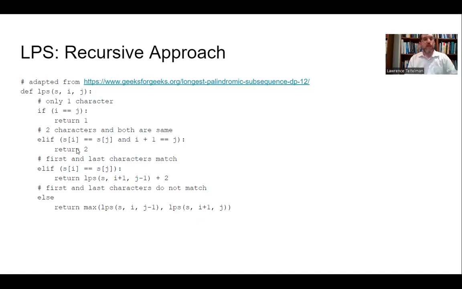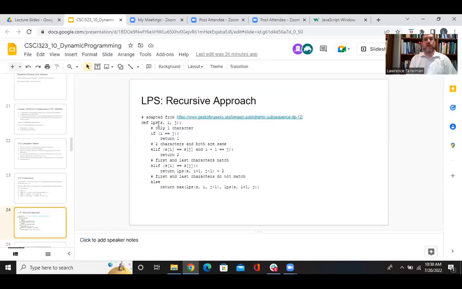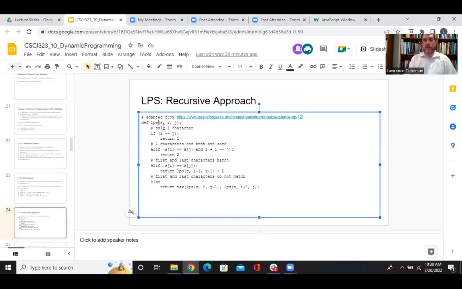If it's the generic case, if the 2 endpoints are the same, then I get 2 plus whatever I had before. And if the 2 endpoints are not, then I have to take the max of those 2 cases.